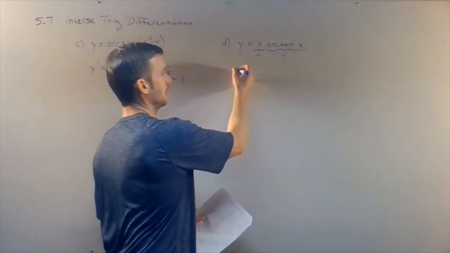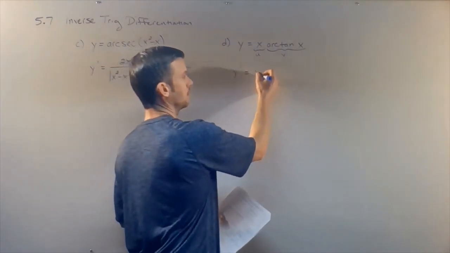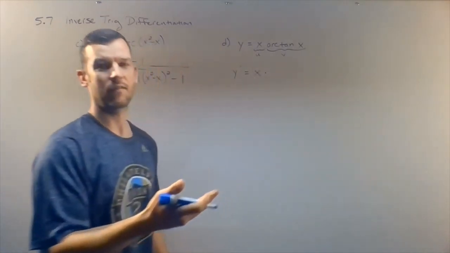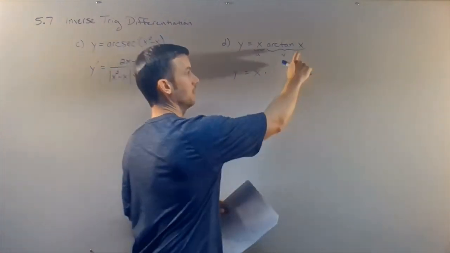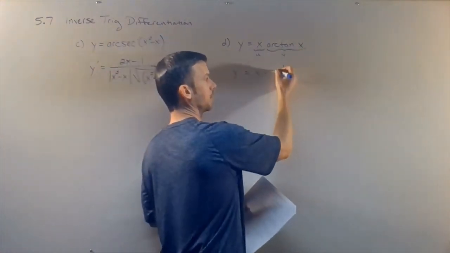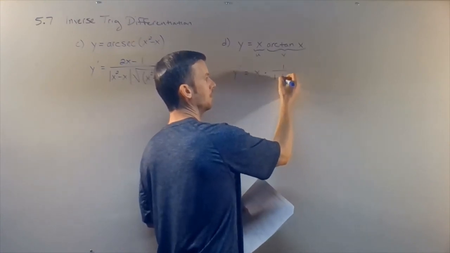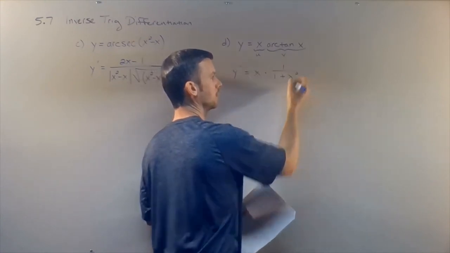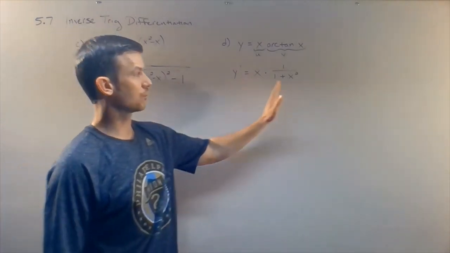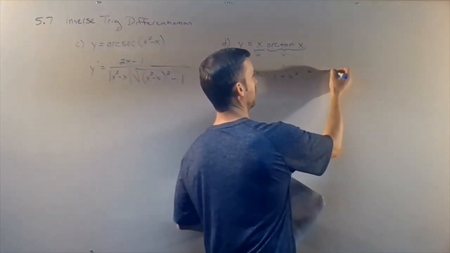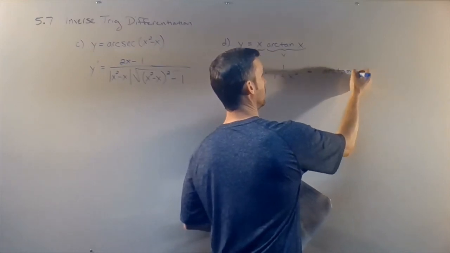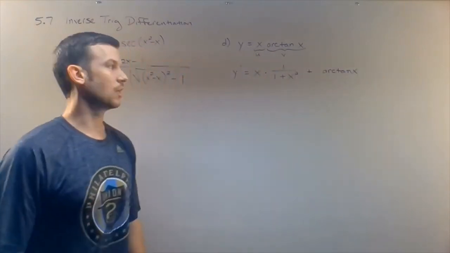Product rule is the first function times the derivative of the second. So the derivative of arctangent, we just learned the rule. It's the derivative of the function, which is 1, over 1 plus the function squared. So that's first times the derivative of the second, plus the second, which is arctangent of x, times the derivative of the first, which is times 1.